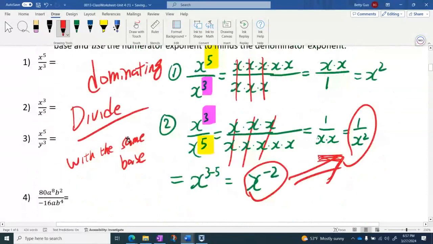How do we apply it? If the denominator is dominating, you just use the denominator exponent minus the numerator exponent, and keep the result on the bottom. The numerator is going to be 1. Let me know if you have any questions about the two questions.